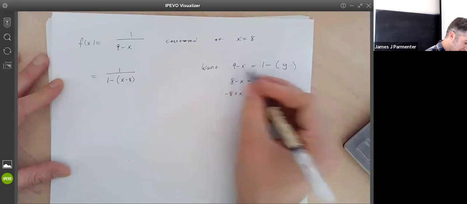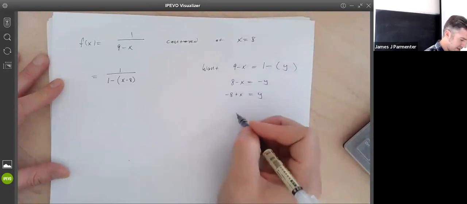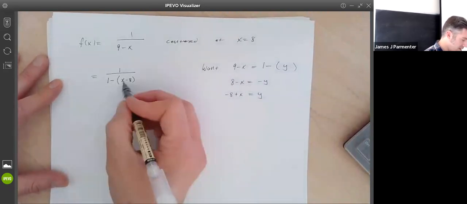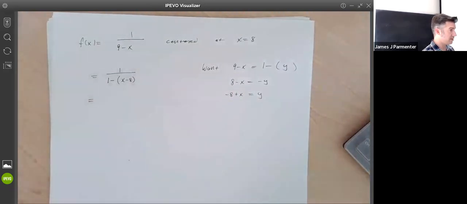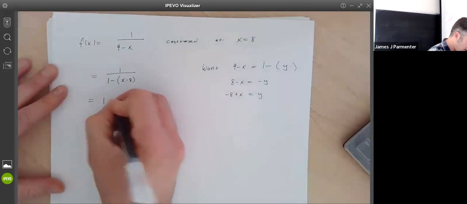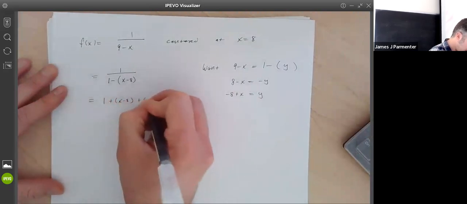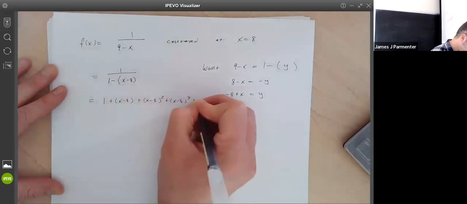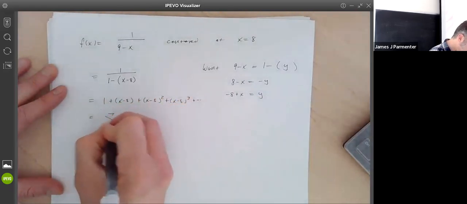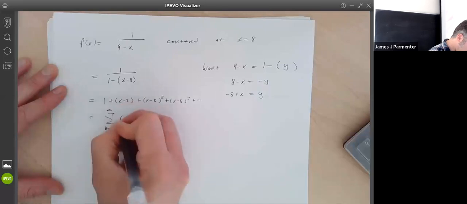So 9 minus x is 1 minus (x minus 8), apologies. Exactly what I want. And then that's going to be your usual geometric series: 1 plus (x minus 8) plus (x minus 8) squared plus (x minus 8) cubed, and so on. The sum from n equals 0 to infinity of (x minus 8) to the n.